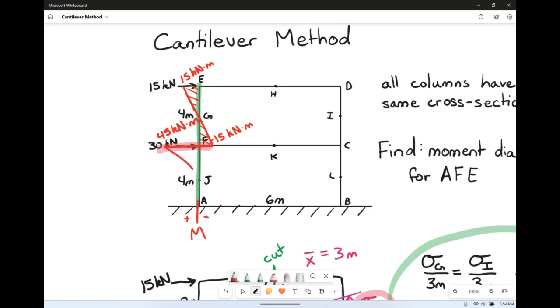And then again, it crosses the 0 at that midpoint, and comes back down over here to negative 45 kilonewton meters. So that is technically what our moment diagram looks like for member AFE using the cantilever method.